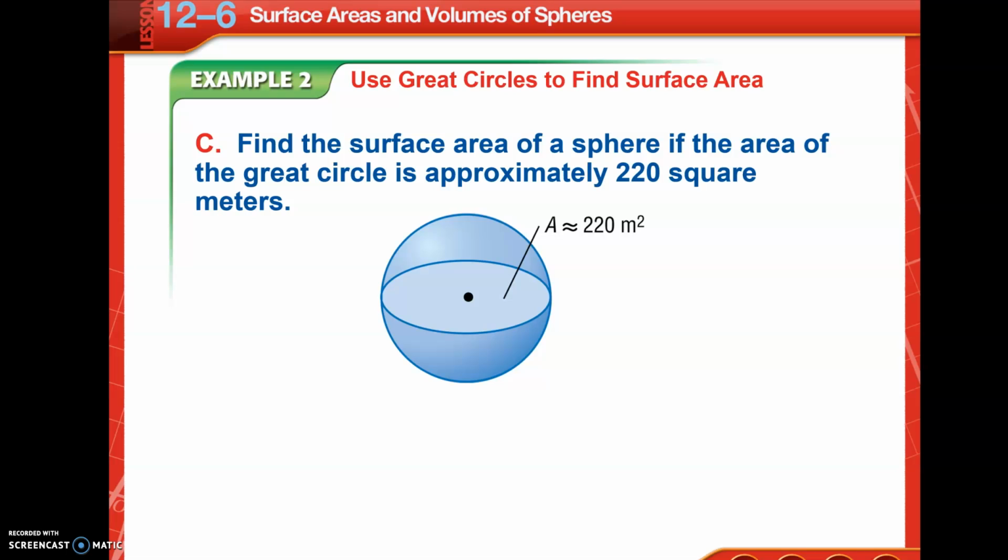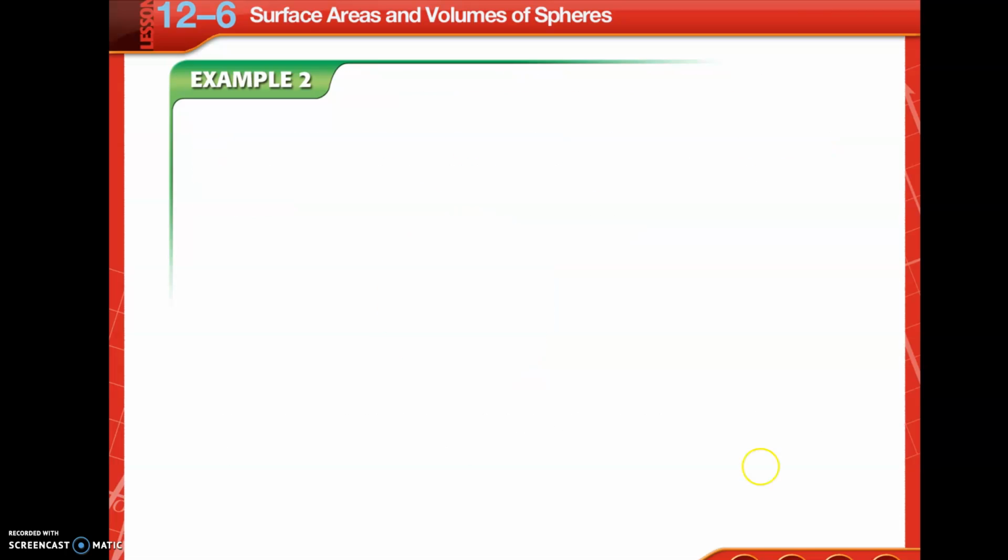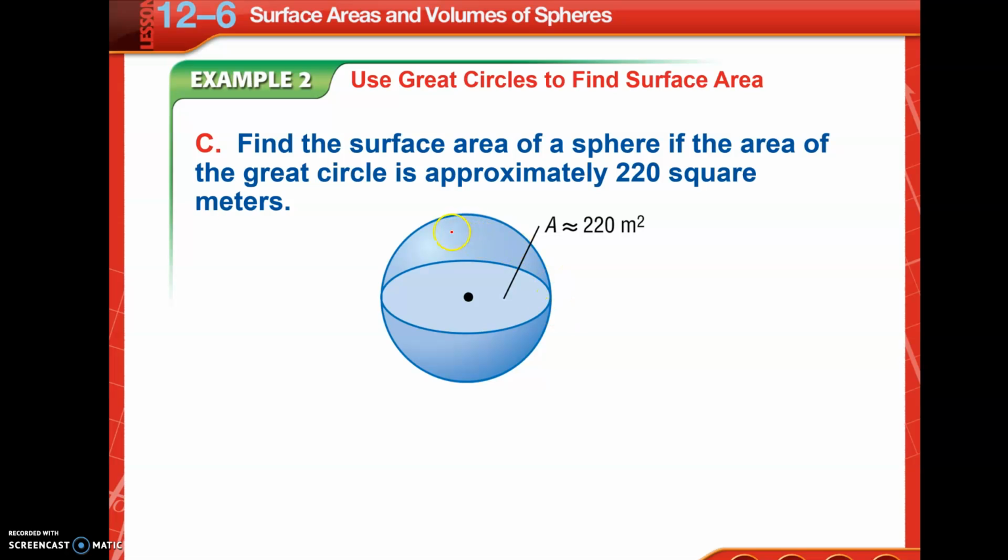Find the surface area of a sphere if the area of the great circle is approximately 220 square meters. If you think about that, that's the area of the circle, which is pi r squared, and we have 4 pi r squared. So the surface area of the sphere is 4 of these, and we know one of those is 220, then we can just take 220 times 4, and that will give us our surface area of the whole sphere.